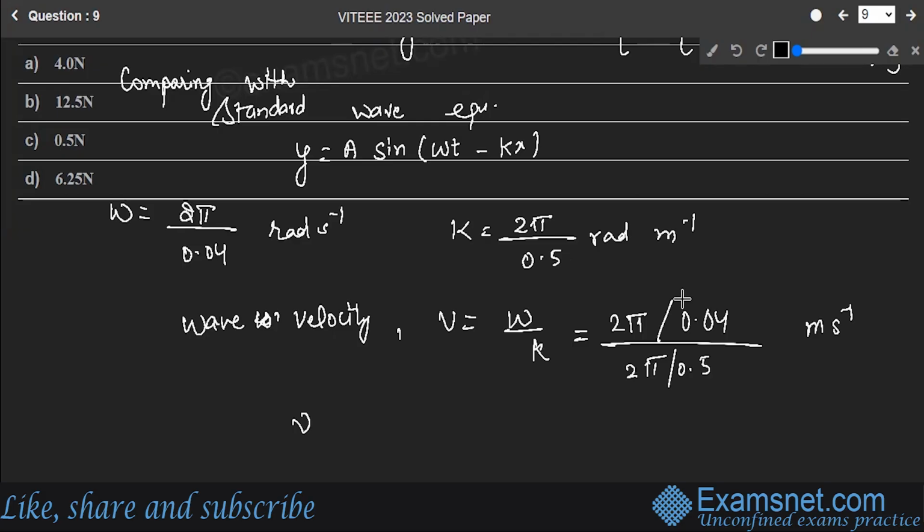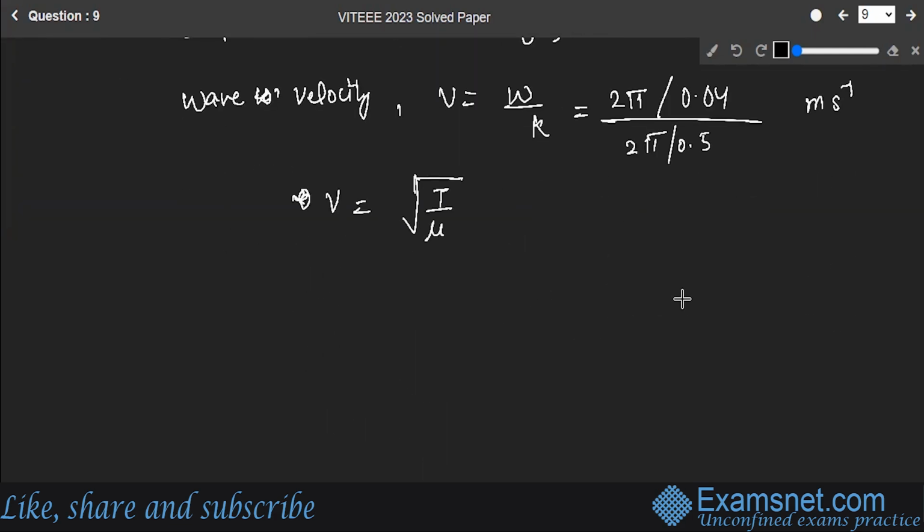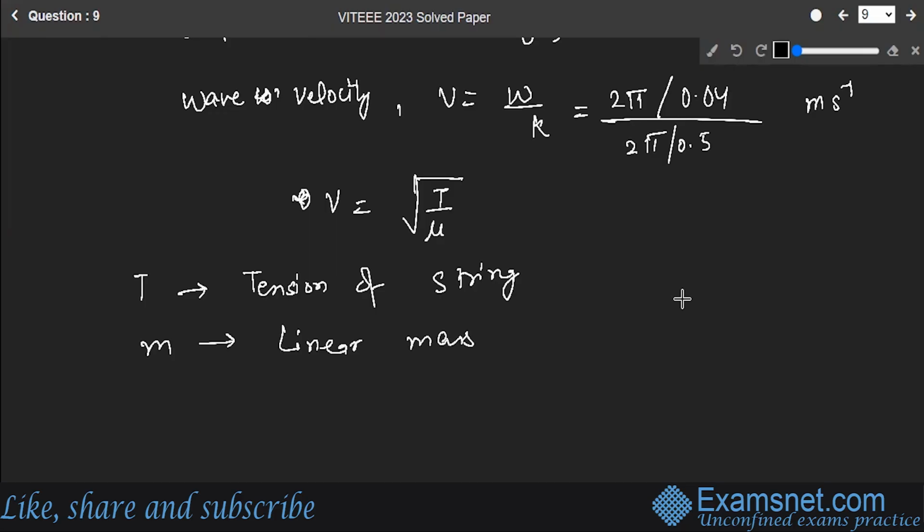So also, you know, velocity is equal to root of T upon mu. Here T is the tension of the string, and mu is linear mass density. So let's fill in the values now.